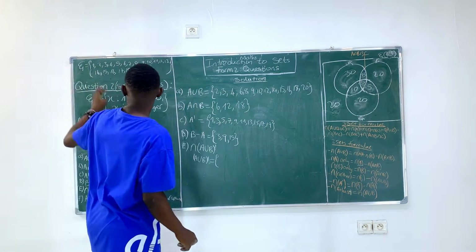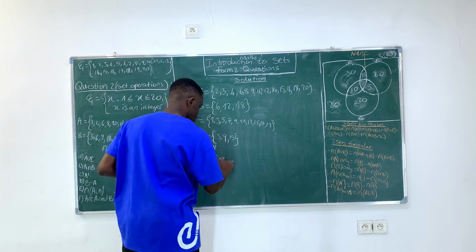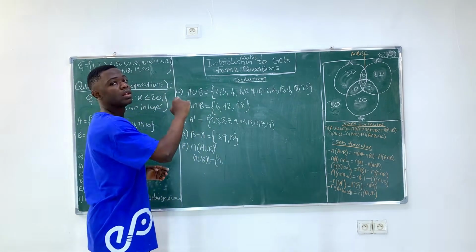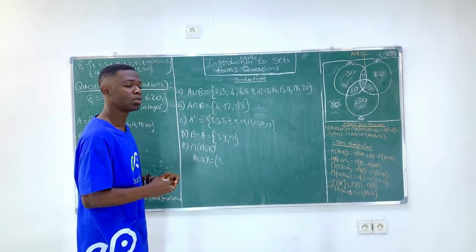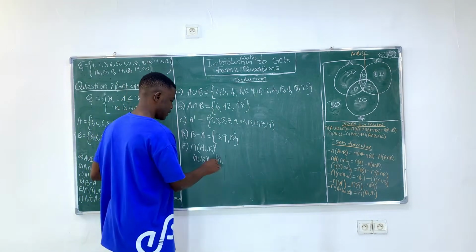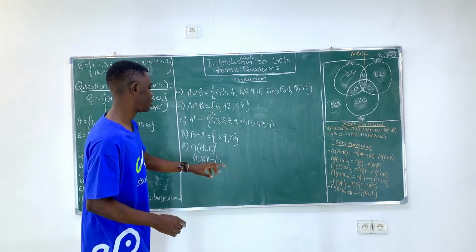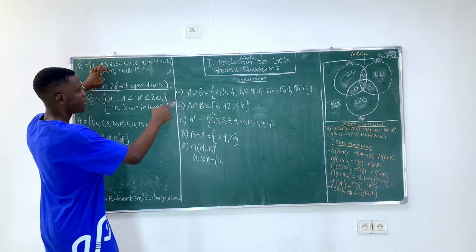So what are they? We have 1. 1 is in zeta, 1 is not here, so I can write my 1, because it is not found in A and B. So (A union B) prime means numbers which are not found in A and B, but which are in zeta, the universal set, the sample space. So you have 1, 2 is there, 3 is there, 4 is there, 5.